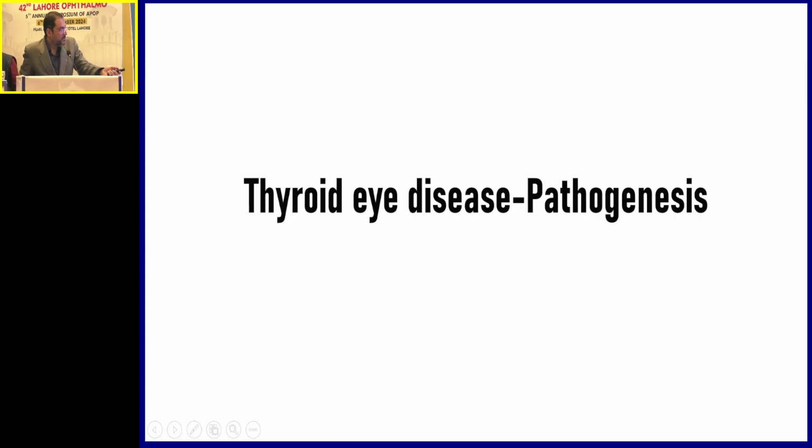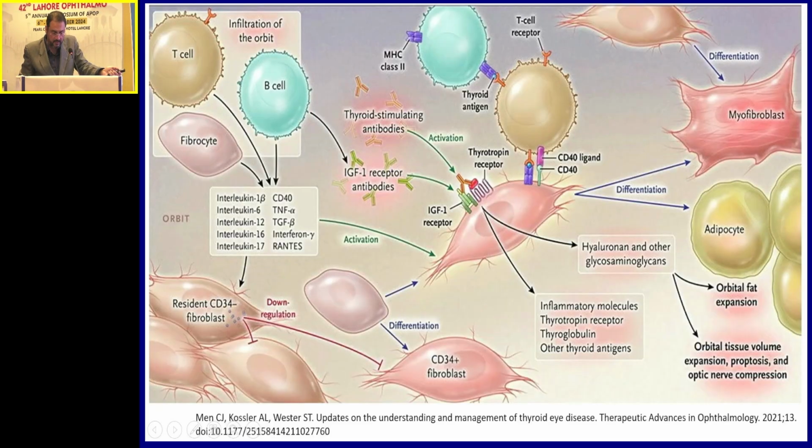So that's why in endocrinology, the only thing that matters is pathogenesis. We can't go beyond pathogenesis; we can't treat it if we don't know the basics. You can see here from left to right, T cells and B cells are the crux of the matter.